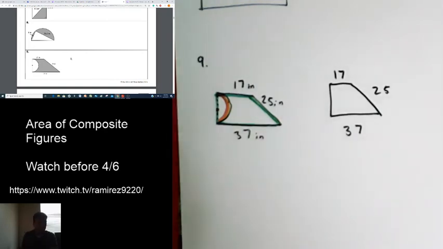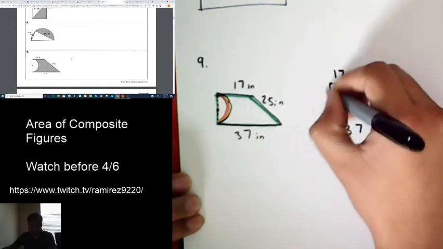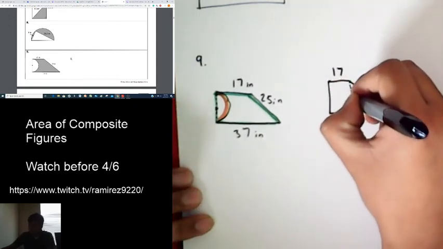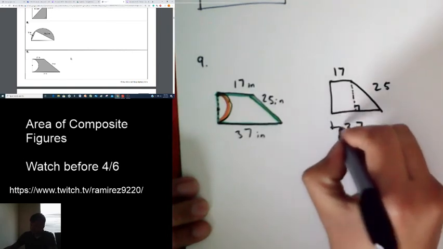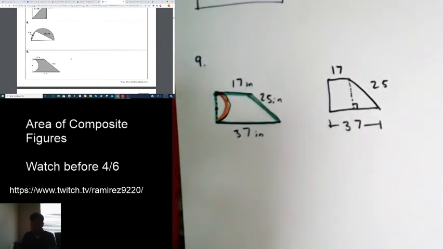It is not 25. Our height is the distance between these two parallel sides. It's basically this line right here, but there was nothing here. You are allowed to just do that. But again, we still don't know it. But now I have a right triangle. If from here to here was 37 and that's 17, this has to be the missing piece, right?